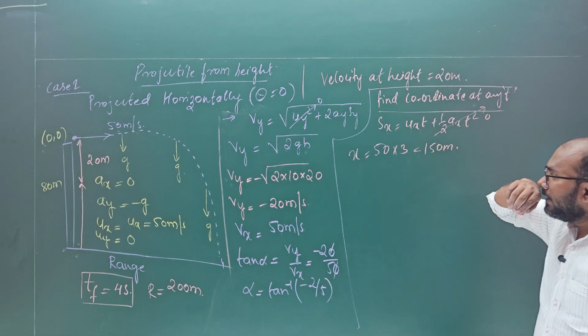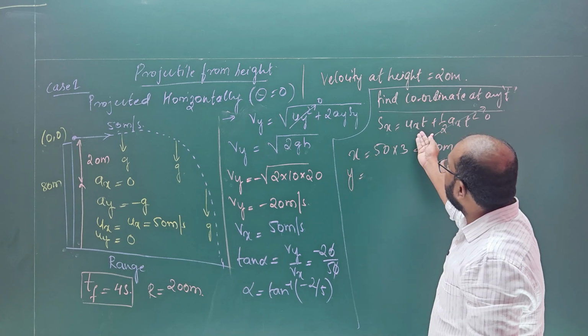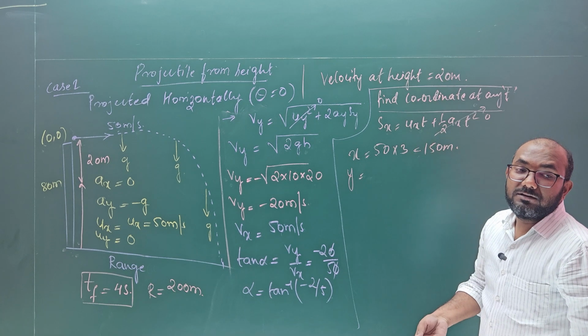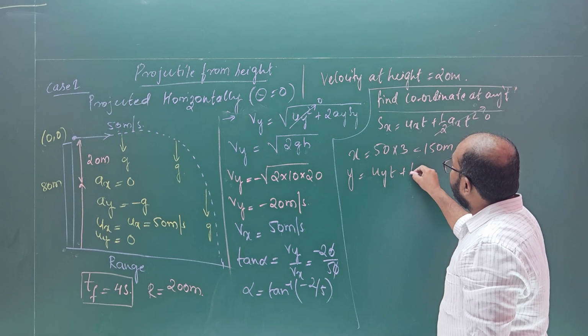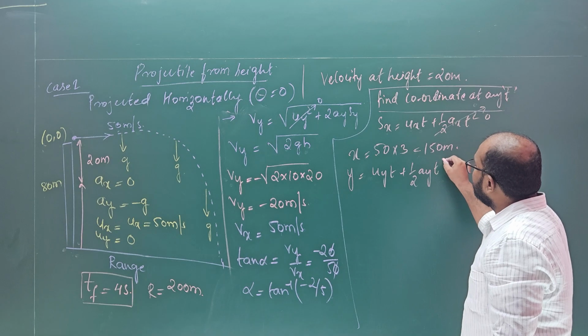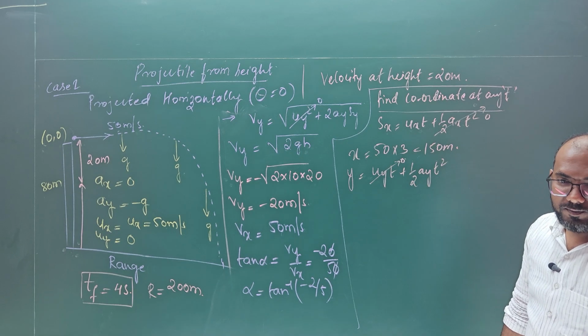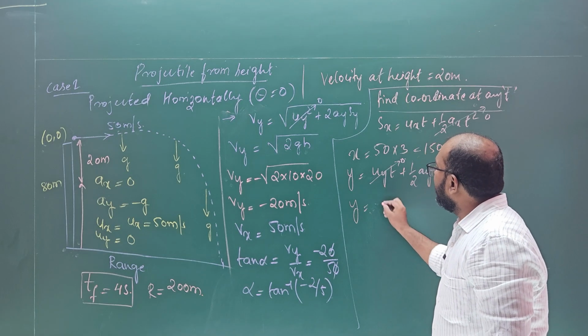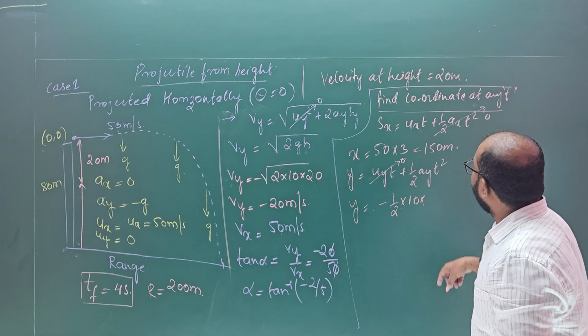I got my point. And similarly, y can be calculated from the same equation, but over here uy becomes 0. So uyt plus half of ay t square, where the first term becomes 0 this time. So y is nothing but half into 10, and we took 3 seconds.